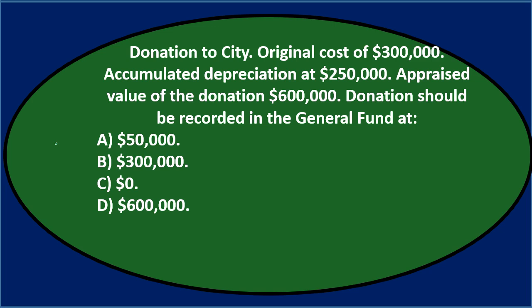Same question now: are we thinking about the government accounting as a whole, government-wide type of activity, or are we thinking about the fund type of accounting? If we were thinking about the government as a whole, we would be on accrual accounting, and a large asset like this looks like a capital asset, so it would be on the books.